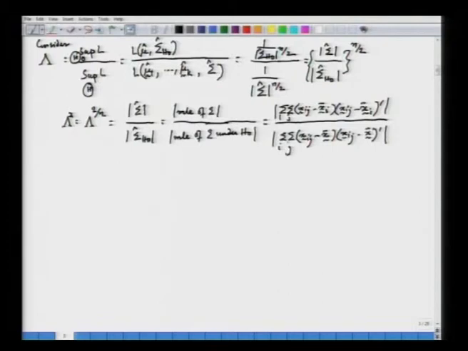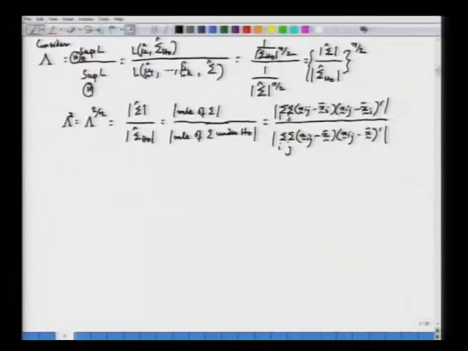Okay. So, this lambda star is what we would actually consider. It is very easy now to see how to get the test statistic using the likelihood ratio test principle. Since we have the data with us, it is not a problem to calculate these two matrices and then get their determinants.